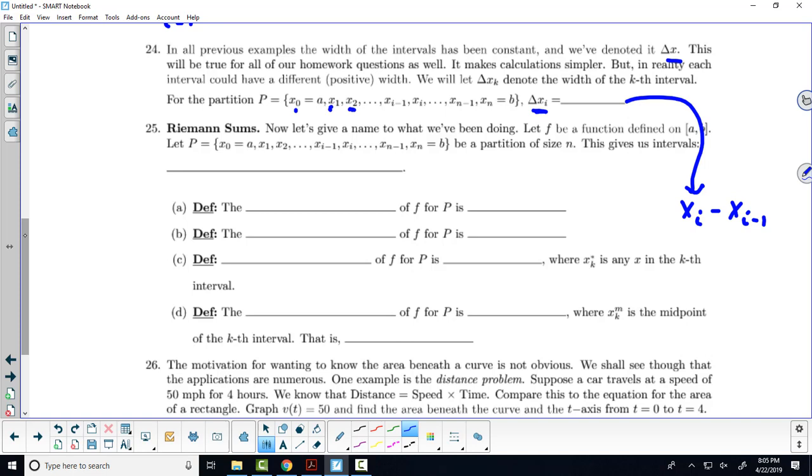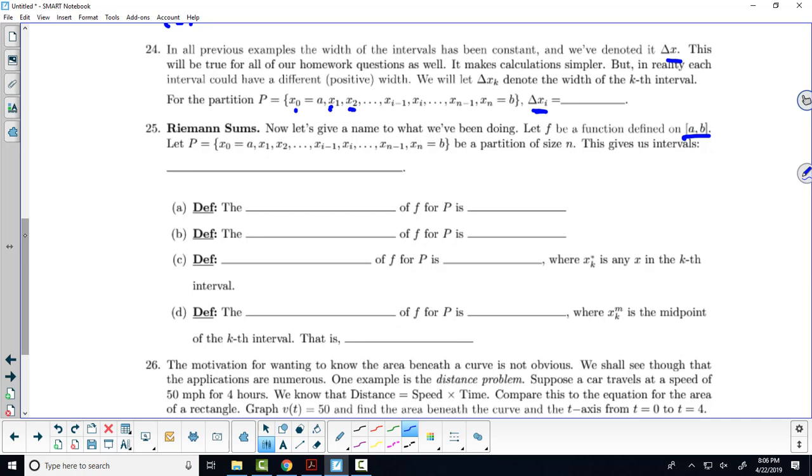The Riemann sum with the left endpoint method. Right Riemann sums. Okay, etc. Okay, so here we go. If we've got some function, so this part's very abstract here. If we've got some function defined on a to b, okay, yeah, we can always do this. We can always give a partition.